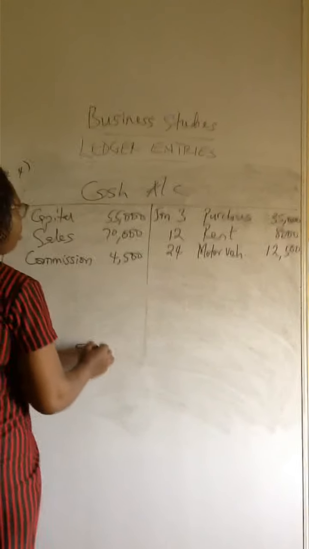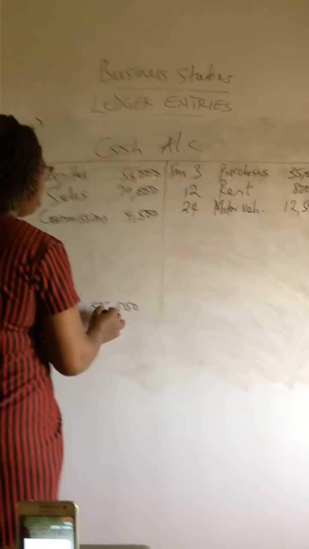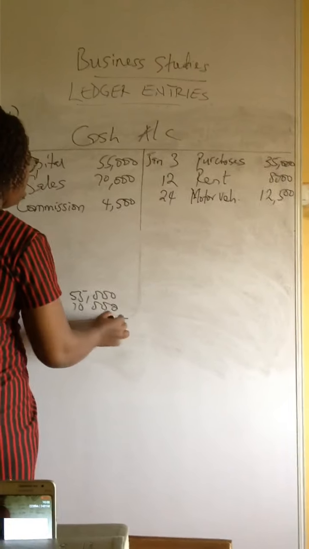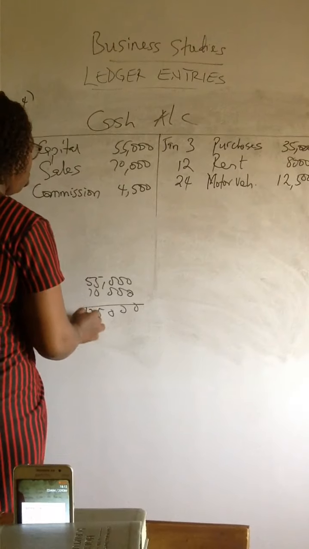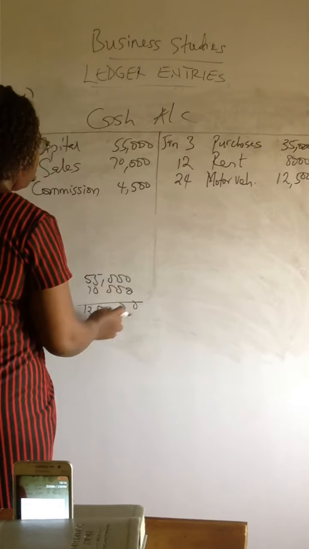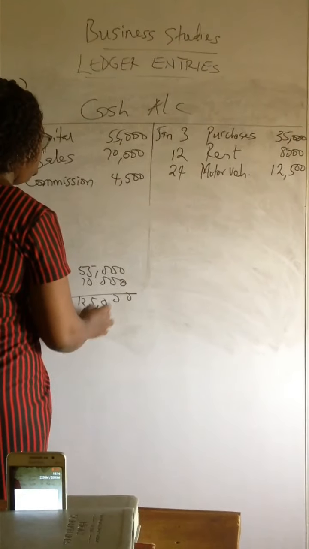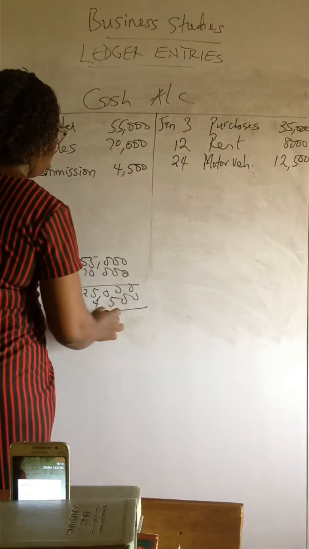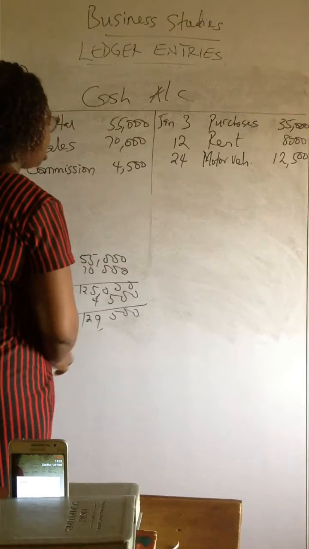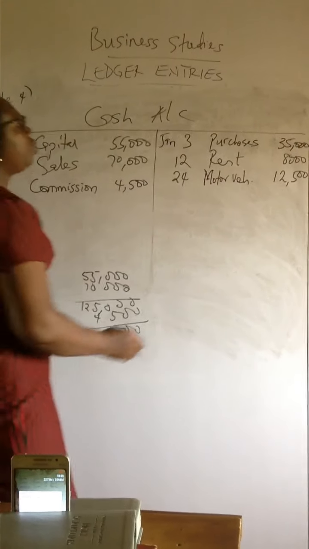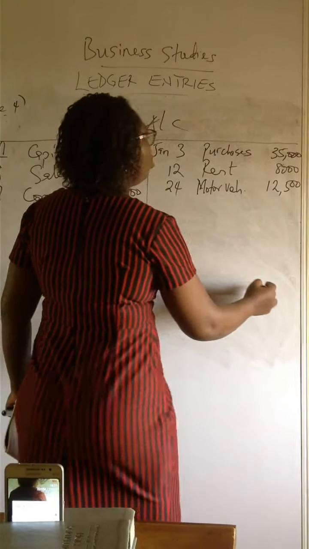You have 55,000 here, plus 70,000. This will give you 125,000 plus 4,500. This will give you 129,500.